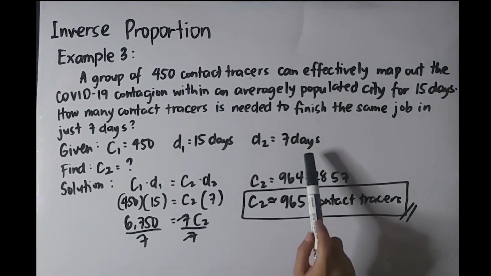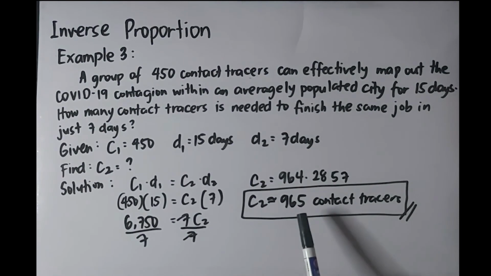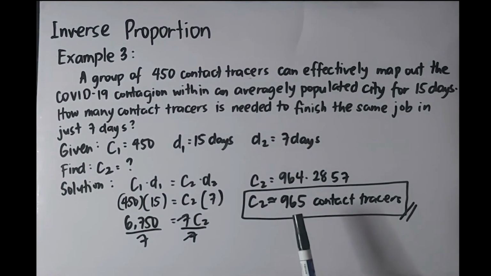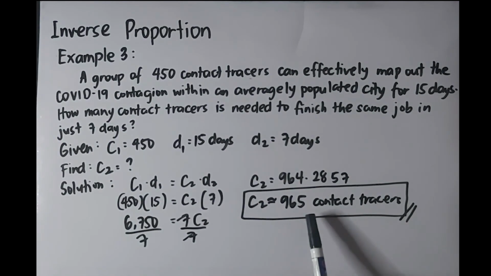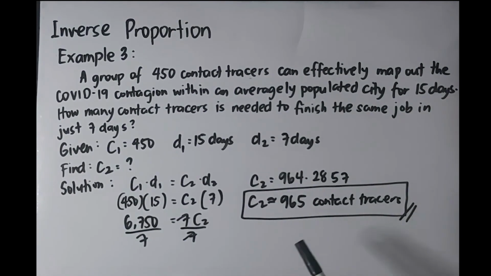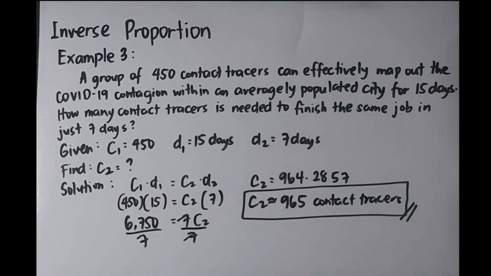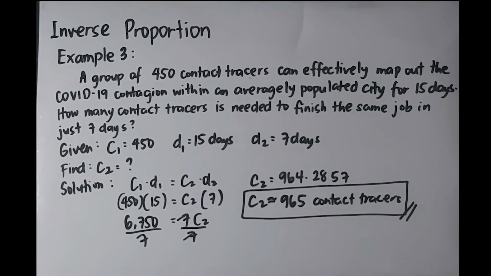Since we need to lessen the number of days, then we need to increase the number of contact tracers, to efficiently and easily map out or find out whoever the COVID-19 patients in a certain city. So this is an example of inverse proportion. So that's it for the inverse proportion.